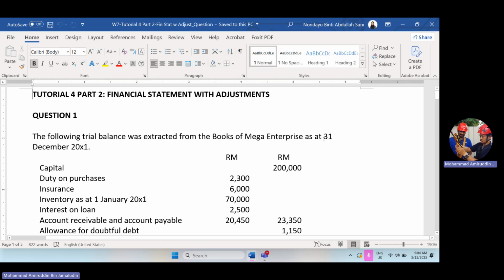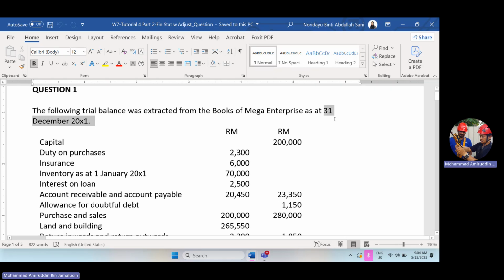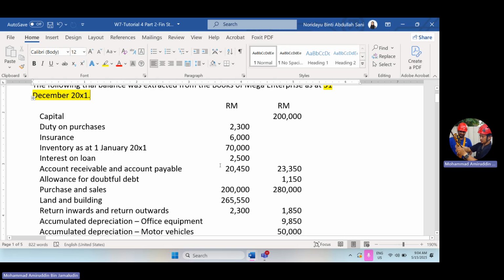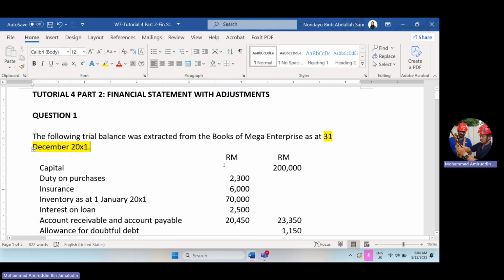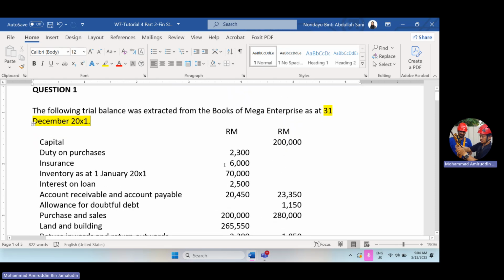Firstly, you need to determine your closing date. So for this question, we have 31st December 20x1, provided in the trial balance, and you have all these items. So we know that the company already closed the account as at 31st December 20x1 and derived all these latest balances.